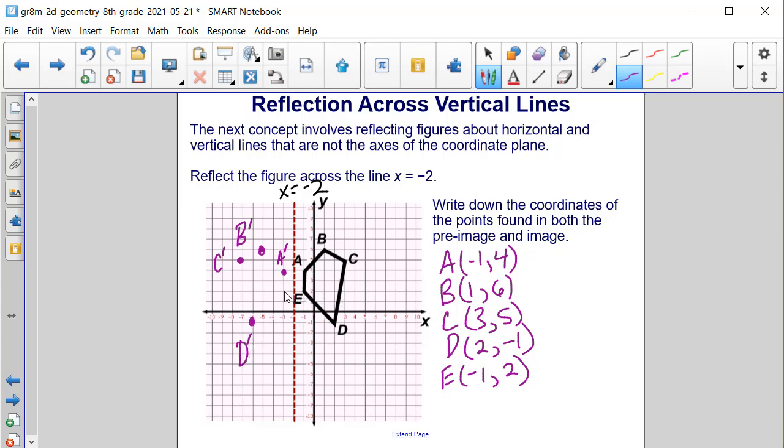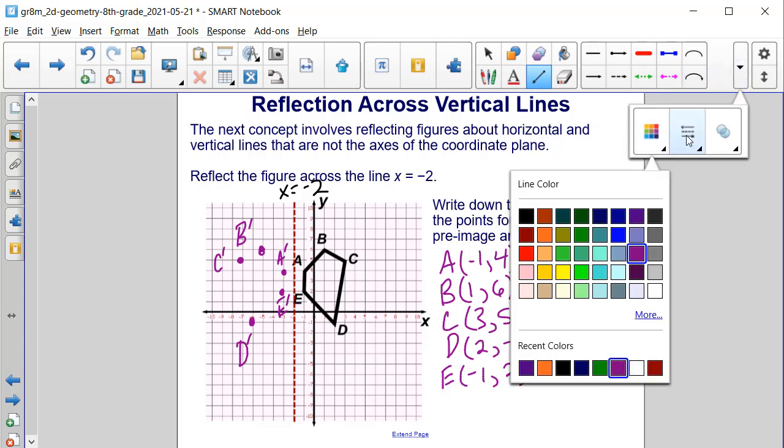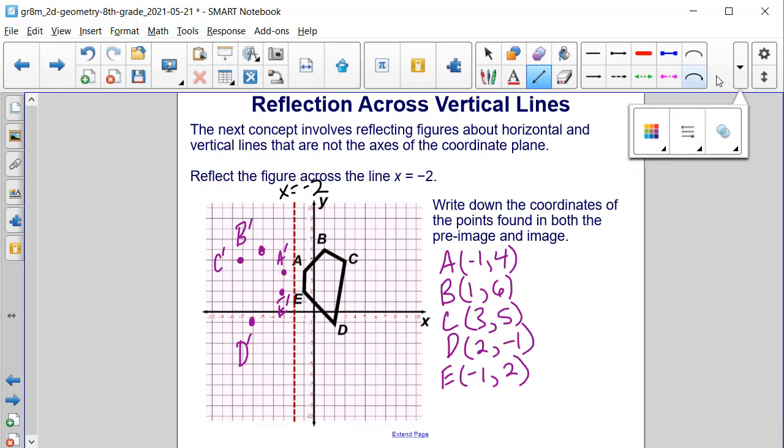And E prime is just one space on the other side, right below point A. All right, so now if we connect these to form our shape, our pentagon, it'll look something like this.